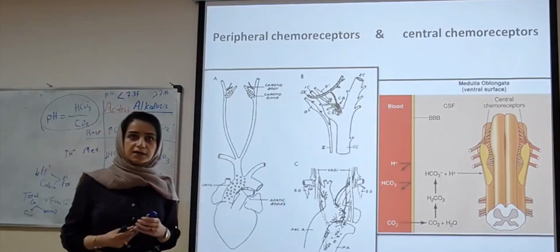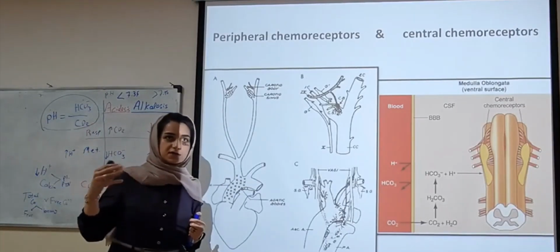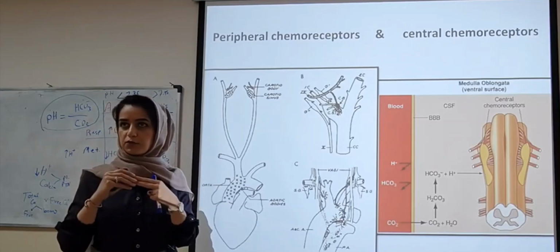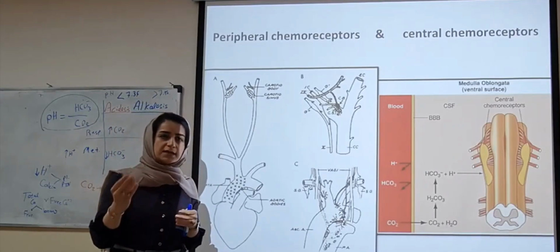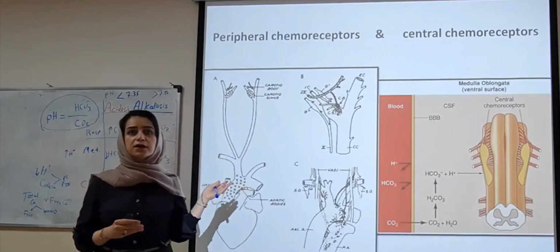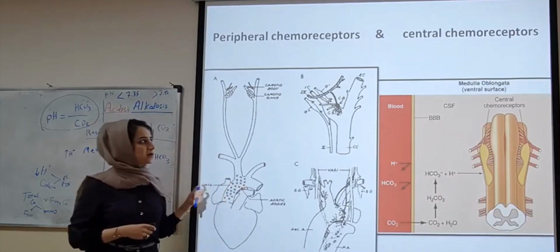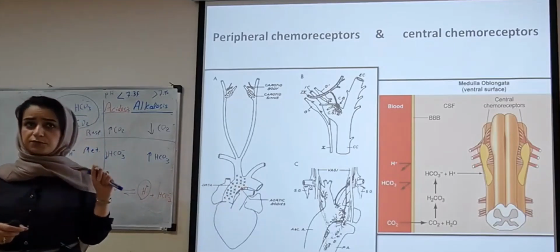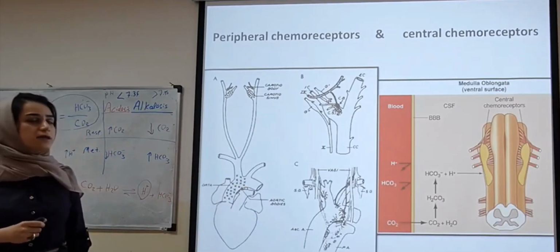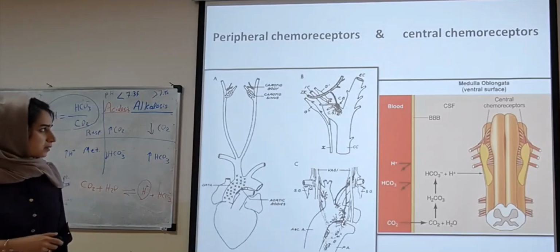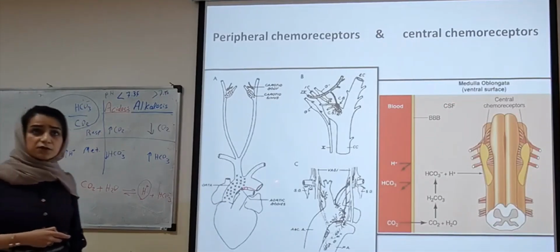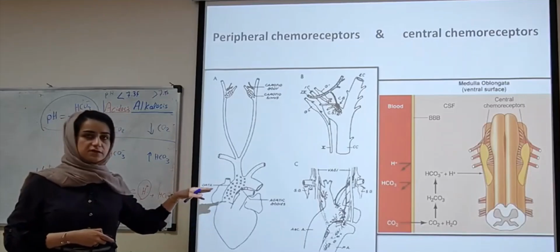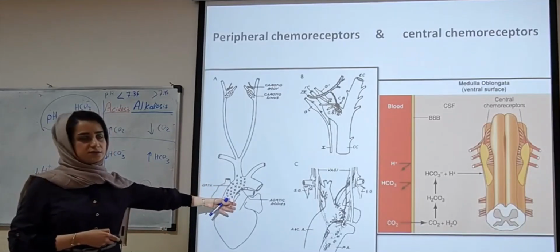In COVID, we measure oxygen saturation, SpO2, with the device on the finger. The peripheral chemoreceptor is less sensitive than the central one, but more rapid. When there is a rapid, great change in the CO2, it is sensed by this one.